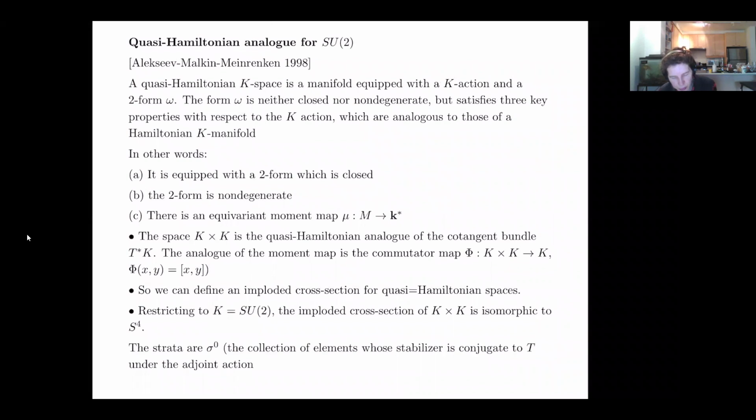It's also possible to describe imploded cross-sections of quasi-Hamiltonian spaces.